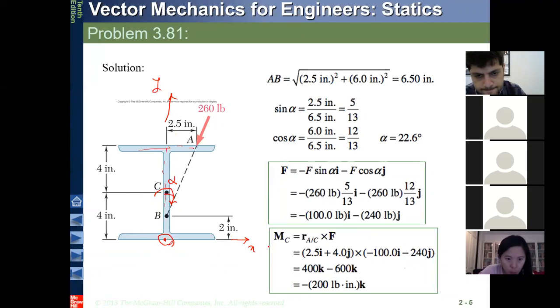So the moment would be 400k minus 600k, which is actually... let me see.